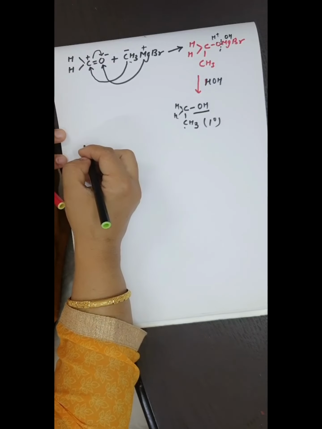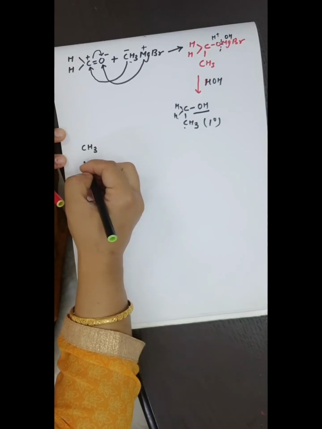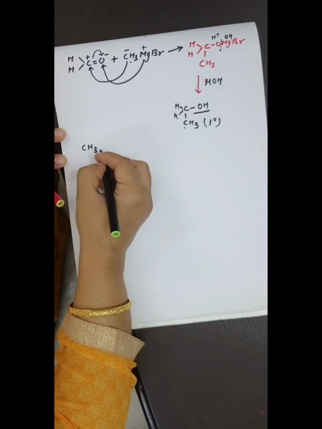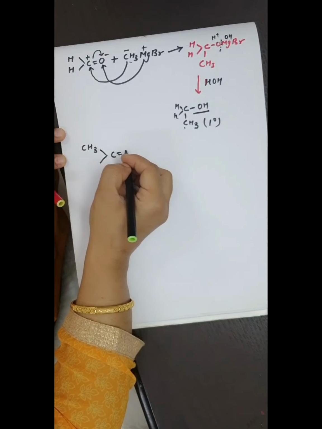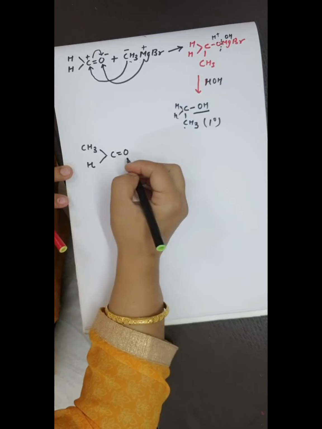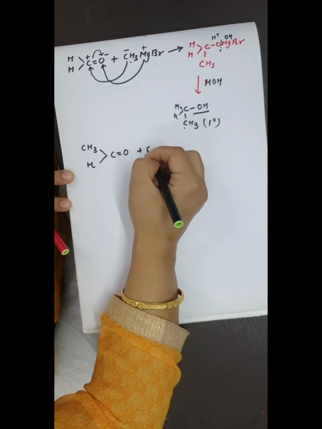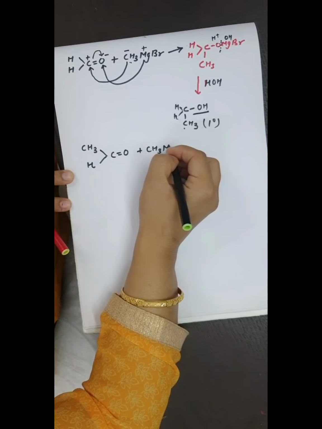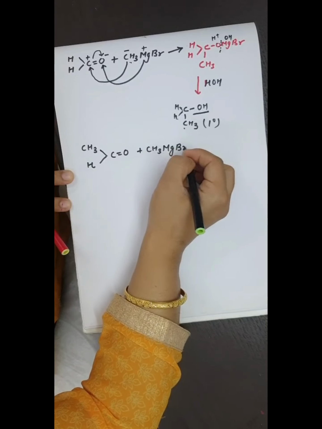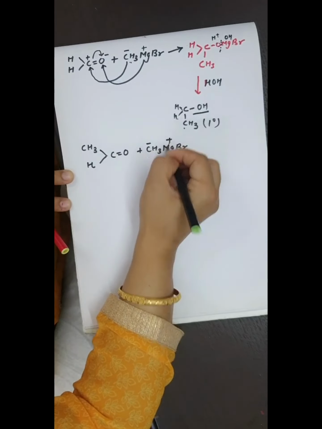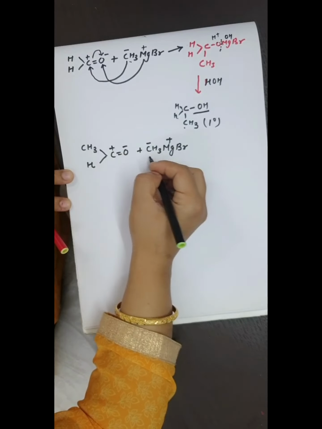Now come to the second reaction, second mechanism. Consider ethanal, CH3CHO. This is ethanal reacting with CH3MgBr. Same mechanism like this, negative positive charge, positive negative charge.